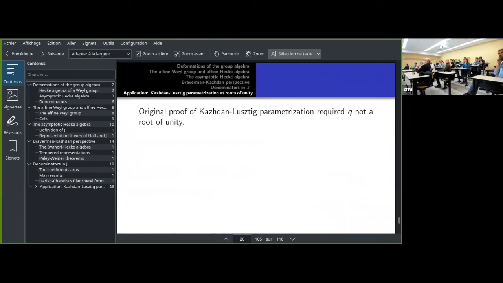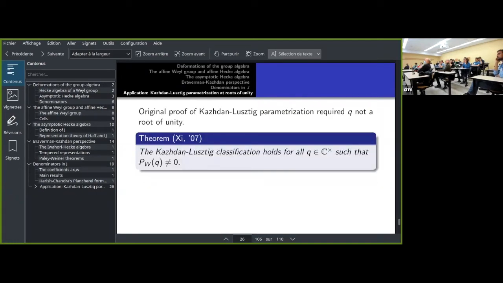They have a geometric construction, and sometimes a variety they need can actually be empty if q is a root of unity. She proved about 25 years after Kazhdan-Lusztig that in fact their classification holds everywhere except roots of the Poincare polynomial of the finite Weyl group. So in fact, this can only fail at finitely many roots of unity.